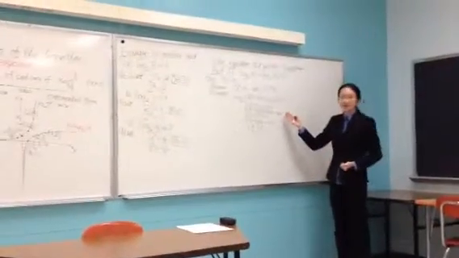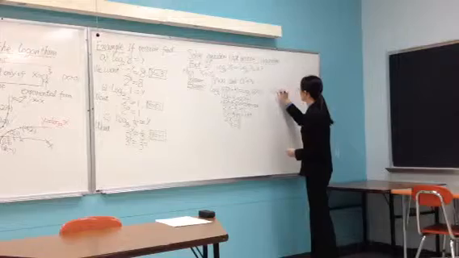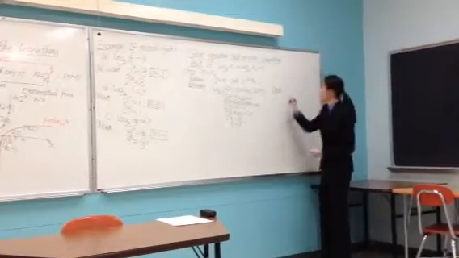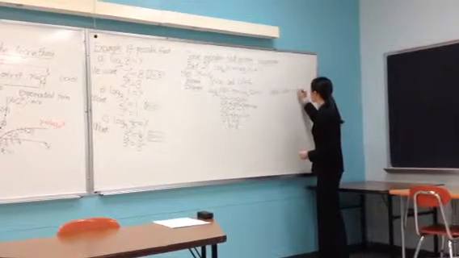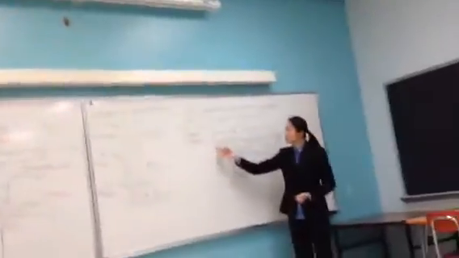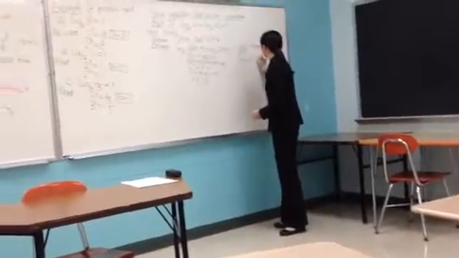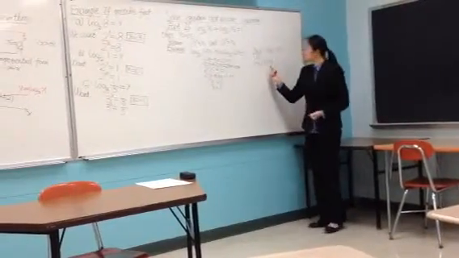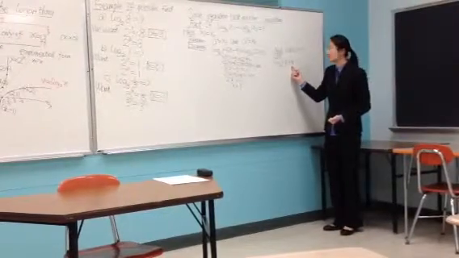Now let us check our solution. So when x equals 3, the left hand side of our equation, I'm going to plug in 3 into the left hand side. Now let's simplify. 4 times 3 is 12. 12 minus 5 is 7.